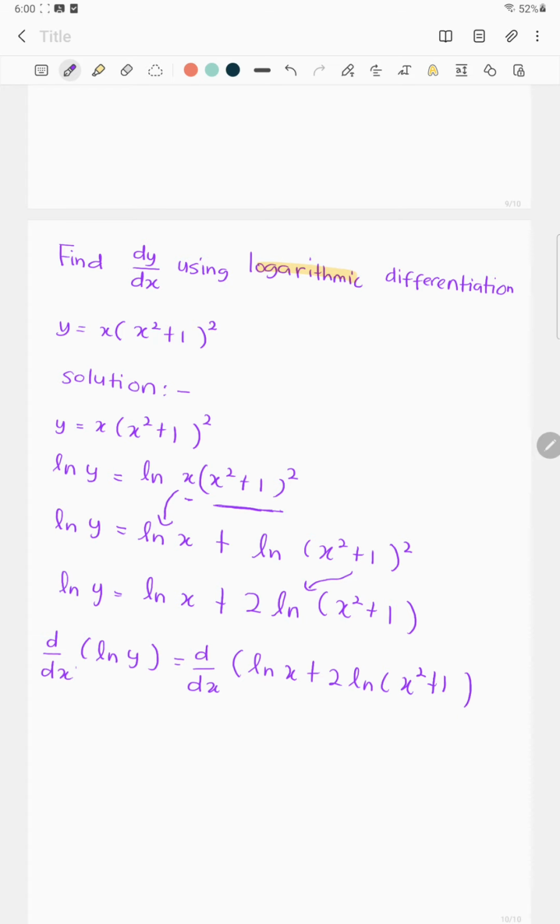Differentiating the left side first, ln y gives 1 over y. Don't forget, anything that differentiates y will be times dy over dx. We learned this from implicit differentiation.